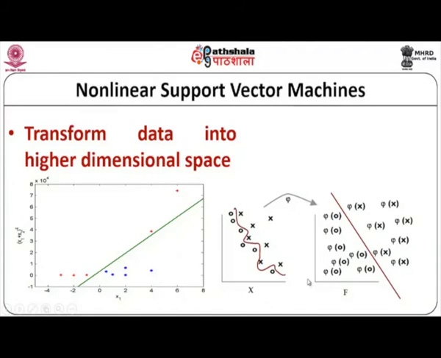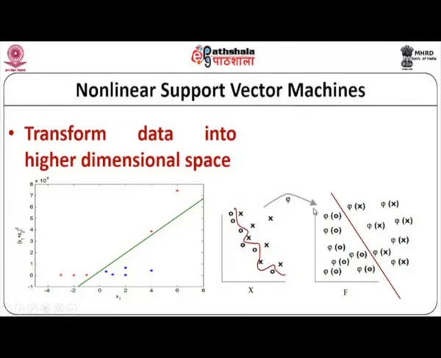Take a look at this diagram. Here we have a decision boundary that is not linear in nature. So, what we are going to do is apply a transformation over the given data. The transformation is defined by this notation phi. So, apply the transformation on the data available in this diagram.